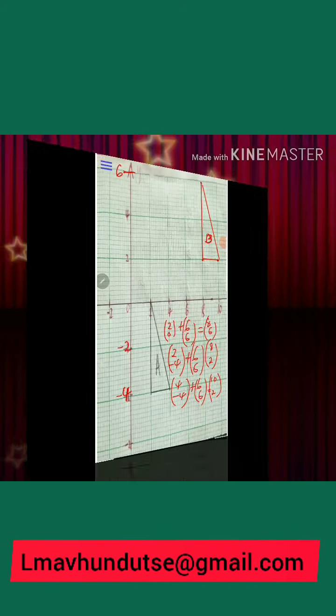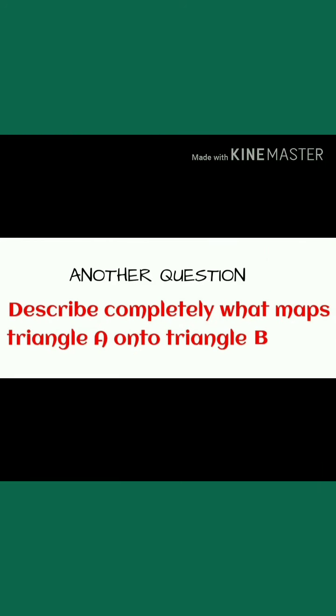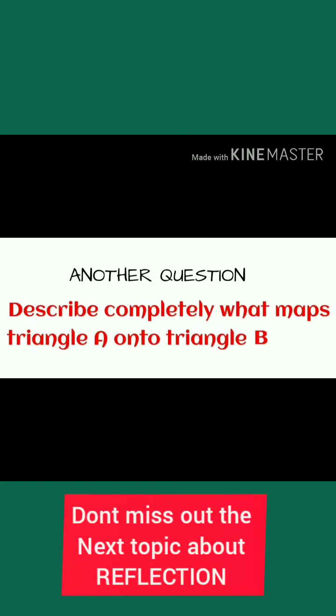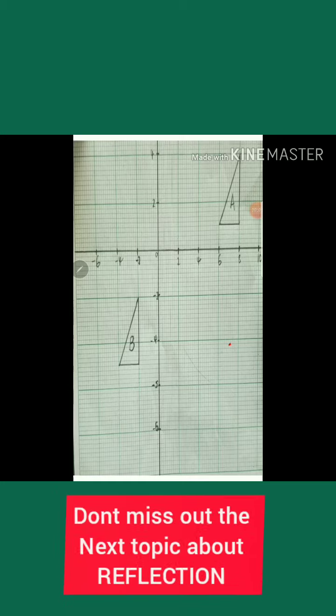Another, different question now. Describe completely the single transformation that maps triangle A onto triangle B. Triangle A is there, triangle B is there. How do you prove this is translation?